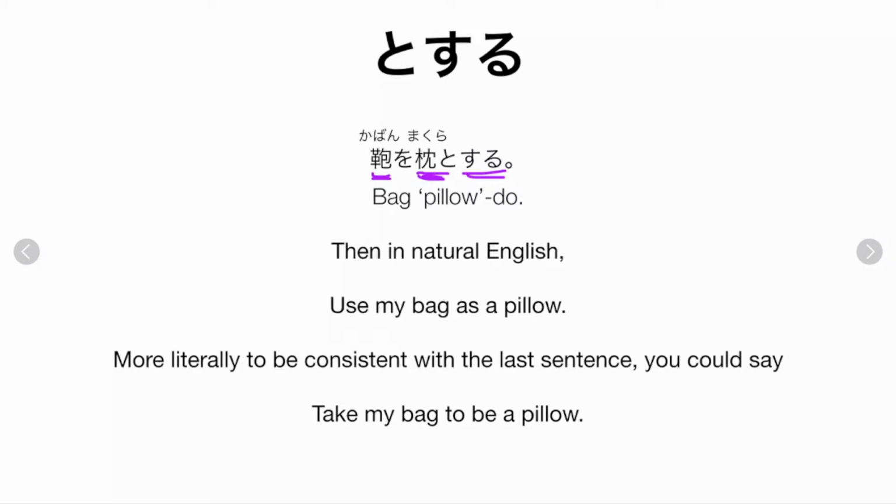If you want it to be consistent with the way that I translated the last sentence, then you can say, take my bag to be a pillow. But that doesn't actually convey what we're doing. If I say, kaban o makura to suru, I'm actually saying I'm going to use my bag as a pillow, not just assume, right, that hypothetically, if my bag was a pillow, but I'm actually going to make that happen.